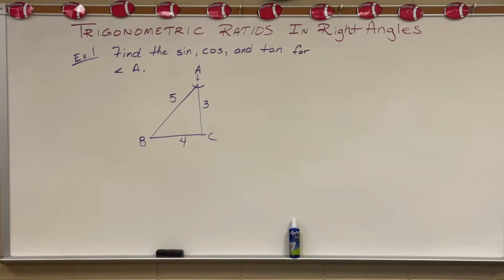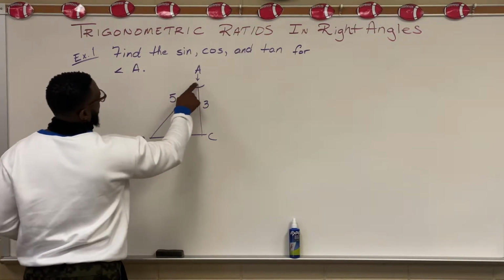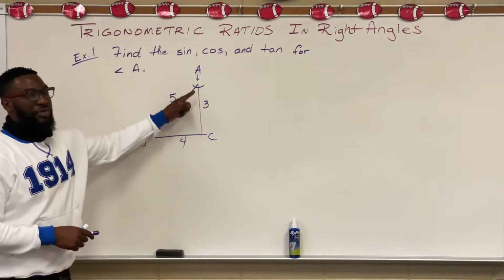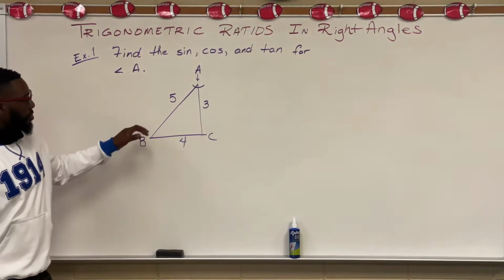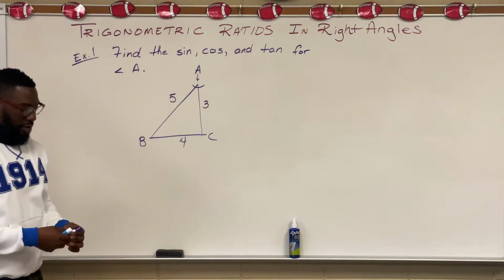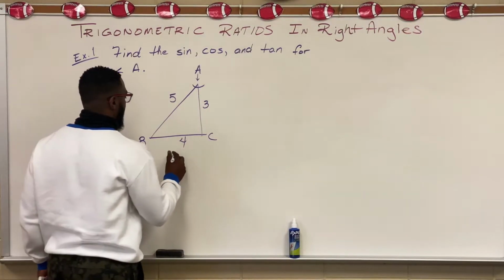Example 1, find the sine, cosine, and tan for angle A. All right, so angle A is right here. So we're gonna label each side based off of angle A. The side opposite of angle A is 4, so we're gonna label this one opposite.